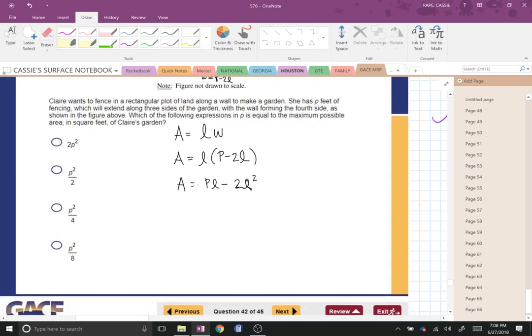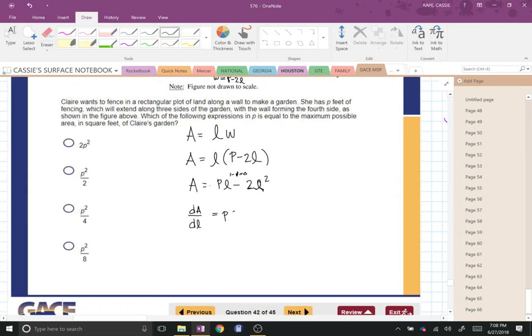All right. So now what I'm going to do is take the derivative of that. So I'm going to say dA/dL, which is another way of writing derivative. I could do A prime as well. And remember, P is a constant, like if it were 2 or something. So the derivative of this is 1 times P, which is P. And then I subtract 1 from that exponent, so 1 minus 1 is 0.